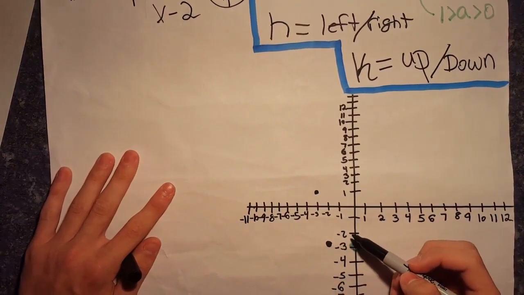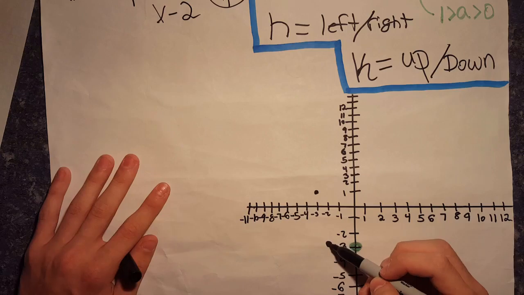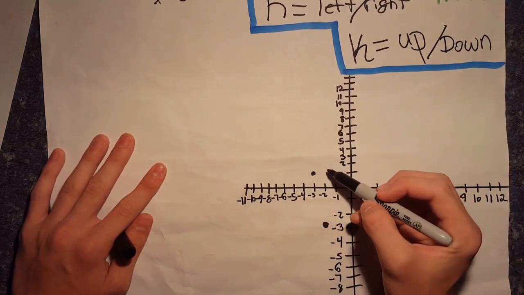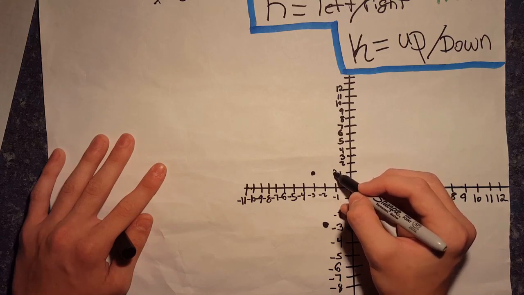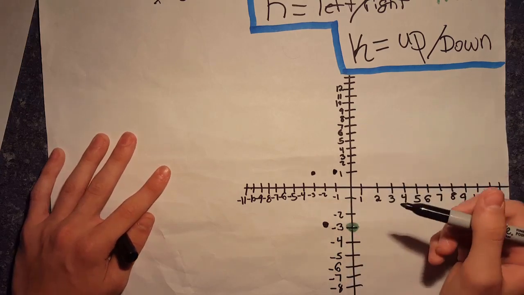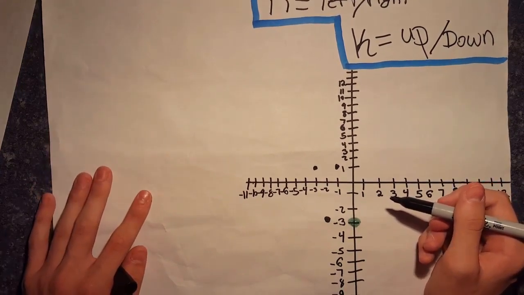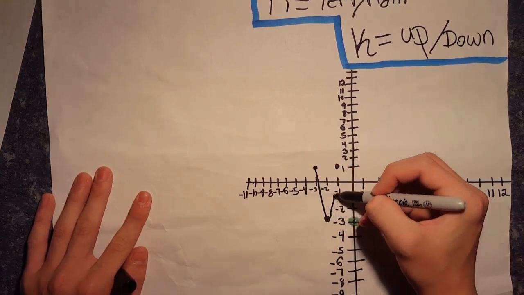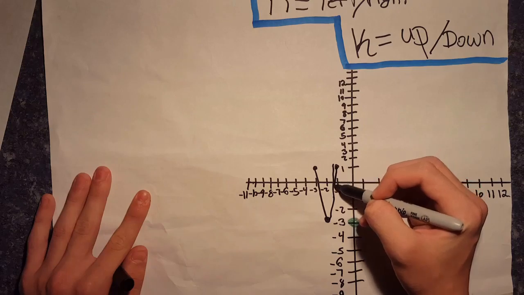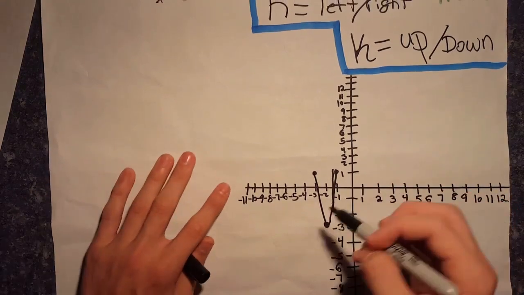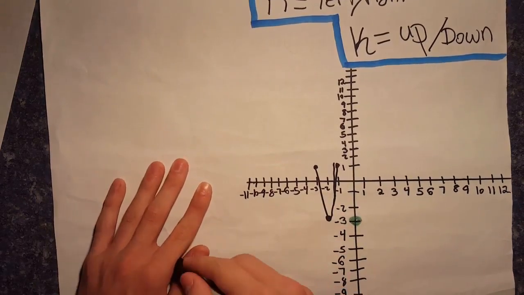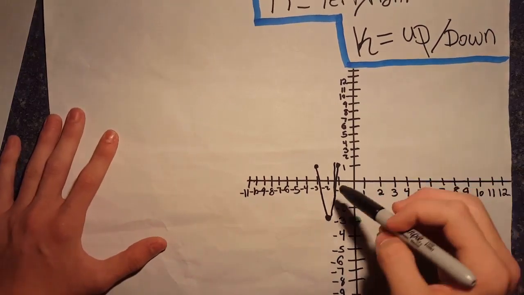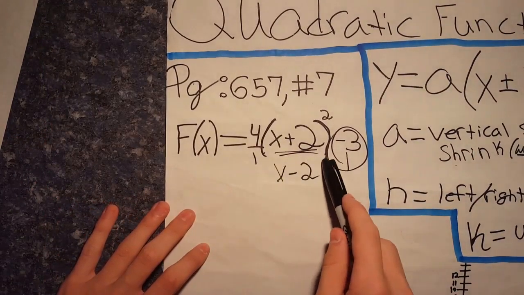So now we're going to go, starting from the vertex, up 4 and to the right 1. 1, 2, 3, 4. Now over 1. Then finally, all we have to do is connect the dots as a parabola. Oops, sorry about that. And this is what our parabola looks like, except a little neater than that. And now you have finished what this problem was asking.